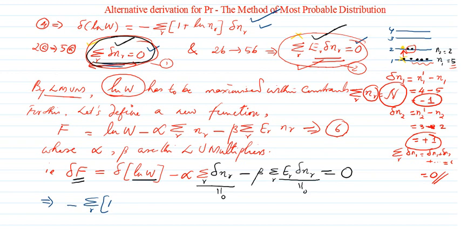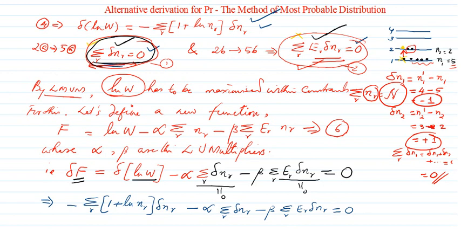So 1 plus log nr into delta nr, from equation number 4, then minus alpha into sum over r delta nr, minus beta into sum over r er delta nr, which is equal to 0.